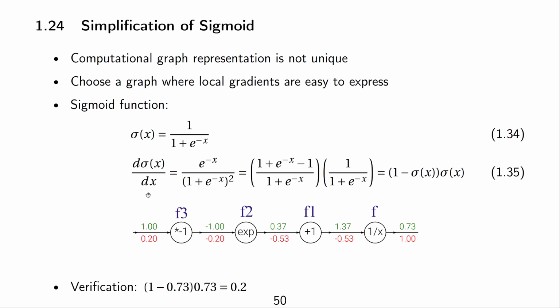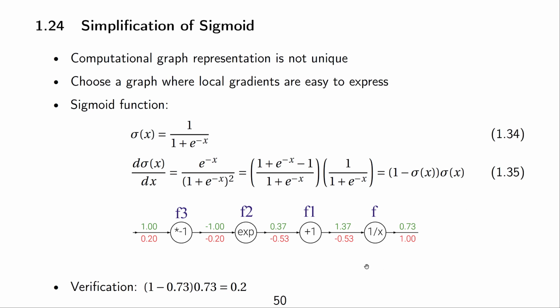In some cases, for example the sigmoid function, we can compute the derivative analytically, and then we find out that actually the derivative of the sigmoid function is very simple. So again, sigmoid is 1 divided by 1 plus e to the power of minus x. I'm not going to do this derivation step by step, but in the end, the function does look kind of ugly, but if we look back at how the original function sigmoid of x looks like, we can notice that the derivative is actually 1 minus sigmoid of x times sigmoid of x.